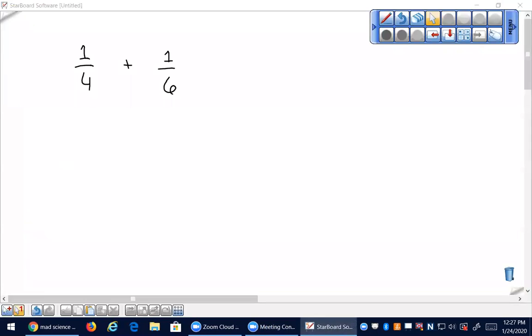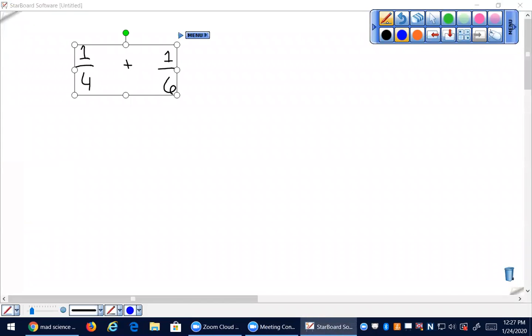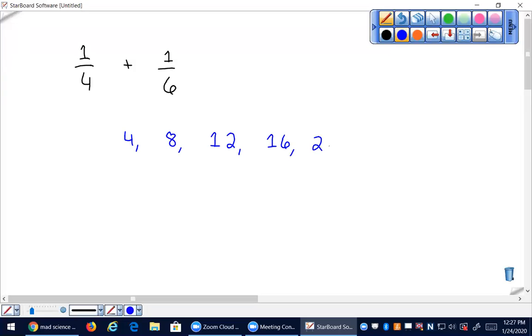So I'll say, oh, I can list multiples. We have 4, 8, 12, 16, and we have 6. And as soon as we get to one that matches, then that's going to be the smallest multiple.